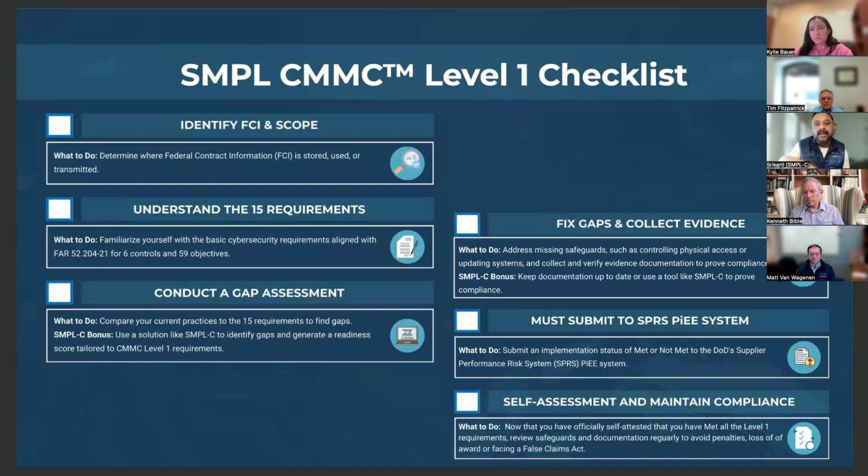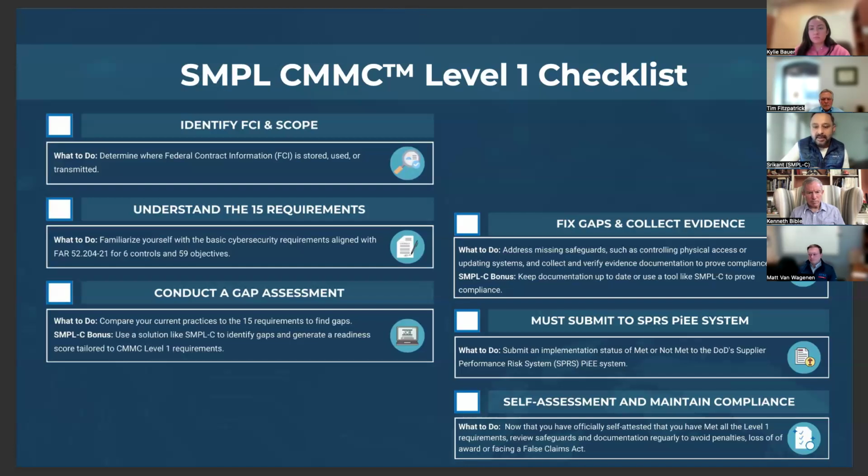It does take a lot of effort, and without it being a distraction, the way to manage this is to have it organized in such a way that you can easily update the evidence on a periodic basis, so that one, you make sure you're compliant, and two, you're able to demonstrate in case somebody comes to you and asks for evidence.